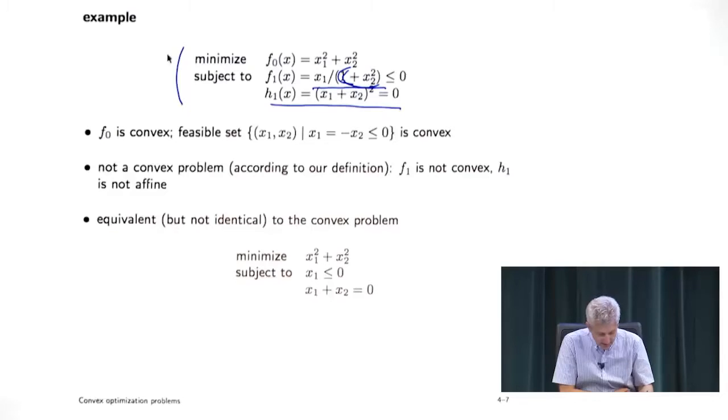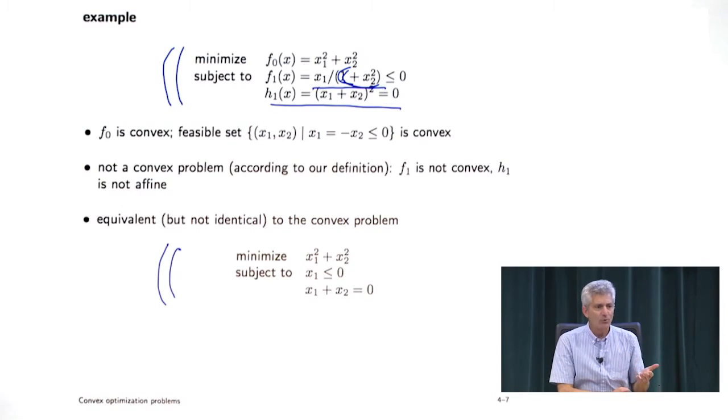So we would say that this problem is equivalent to this problem. We're not going to go into a fancy formal definition of what equivalent means, like you would in a CS theory class. Instead, we'll have an informal definition: two problems are equivalent if from one you can readily compute the solution of the other, and vice versa, right?